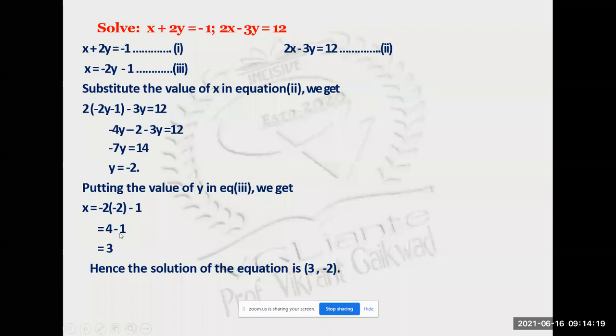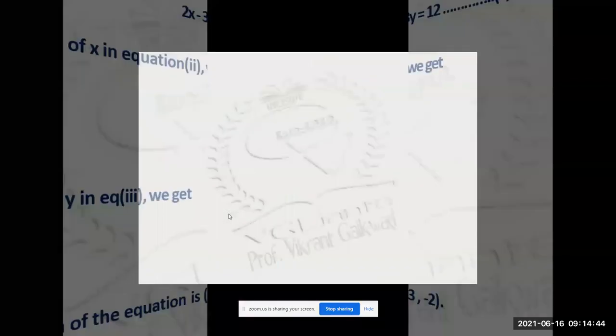So 4 minus 1 equals 3. Hence the solution of the equation is 3 comma minus 2. Is this clear to all the students? Hope there are no doubts in this. We'll move ahead.